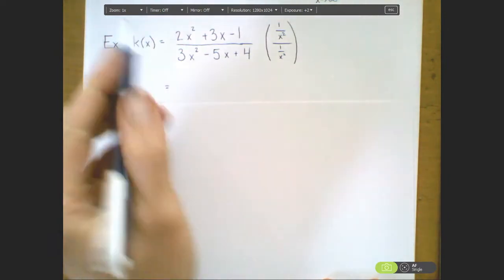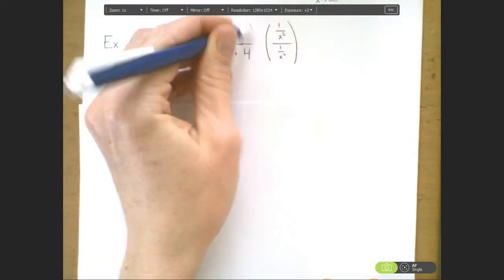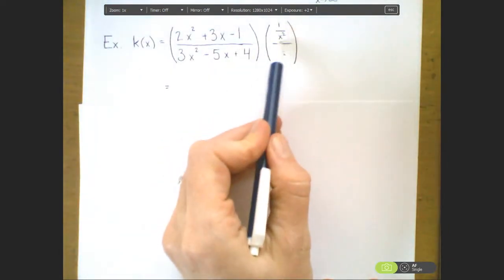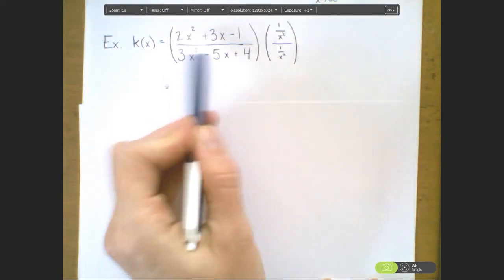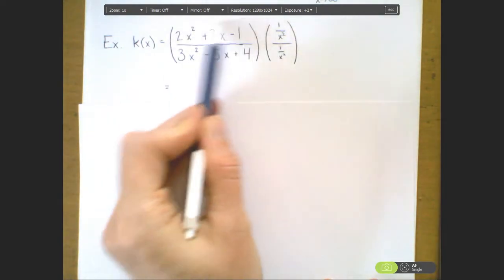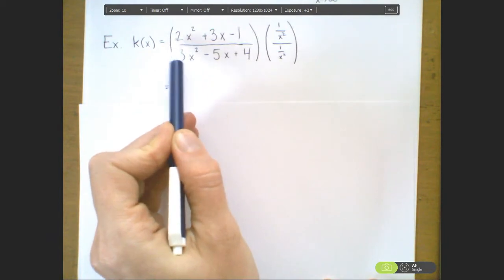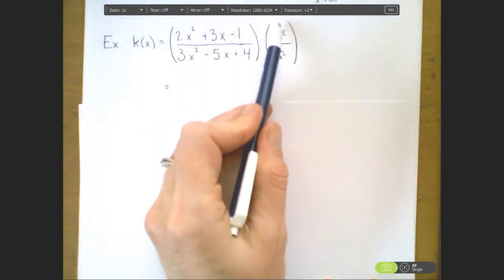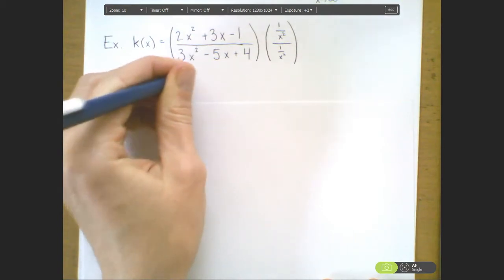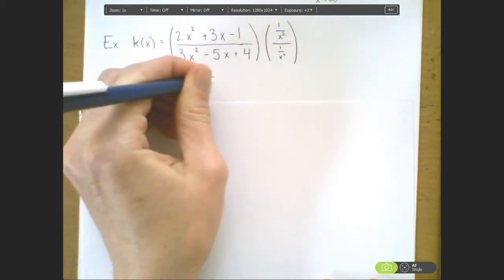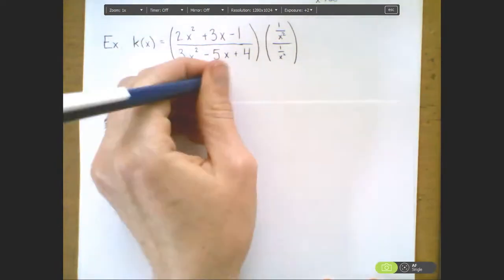I'm going to use the distributive property here because I'm multiplying this single factor by each of these terms. The first step of multiplication in the numerator is 2x squared times 1 over x squared. I'm going to write this out longhand for the first example so that it's very clear what the multiplication is.